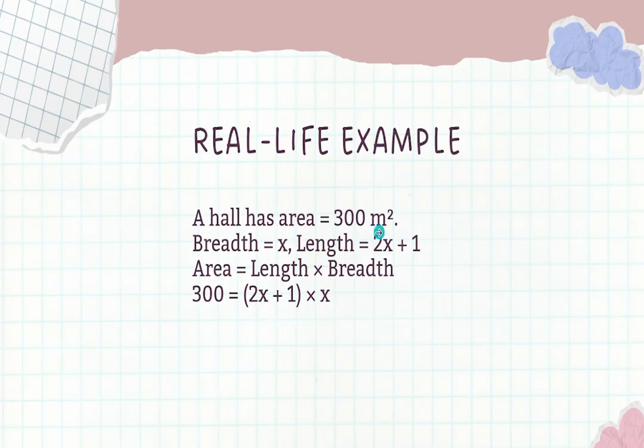We know that area is 300 meters square, so we can put this 300 here instead of area. So 300 is equal to length into breadth. We got that the breadth is x and the length is 2x plus 1. So 300 is equal to 2x plus 1 into x.